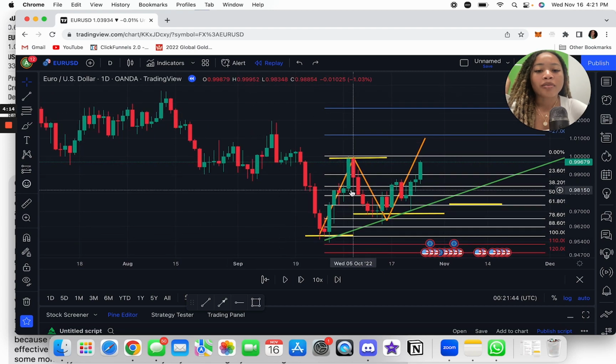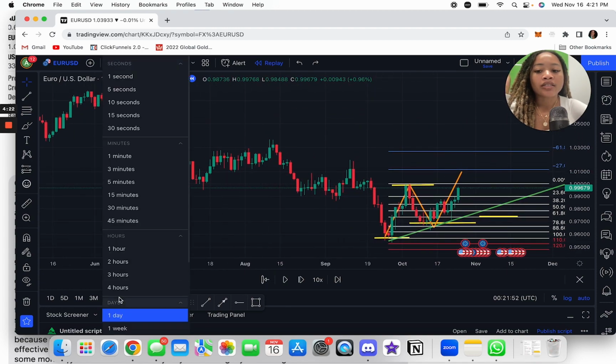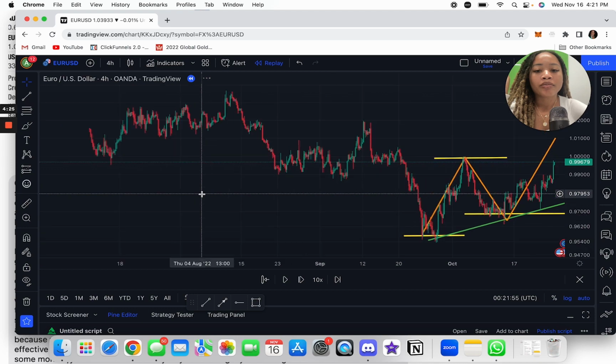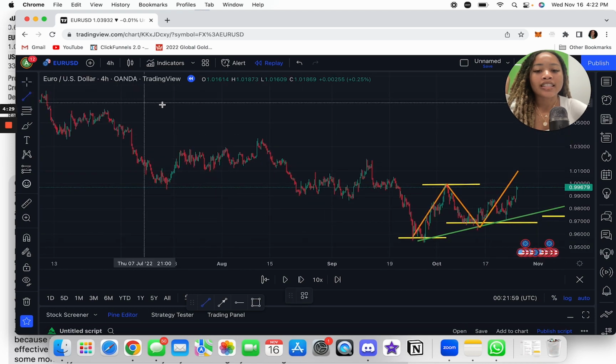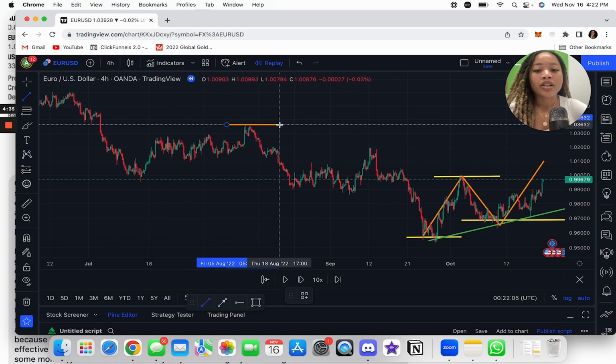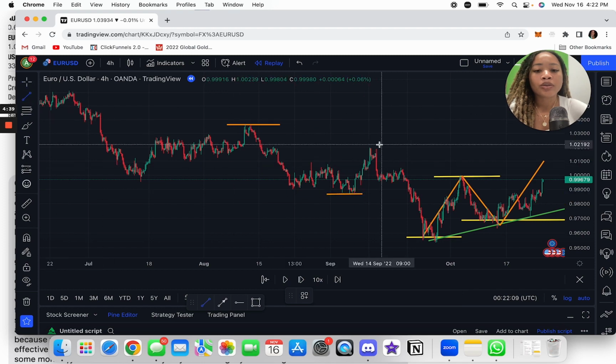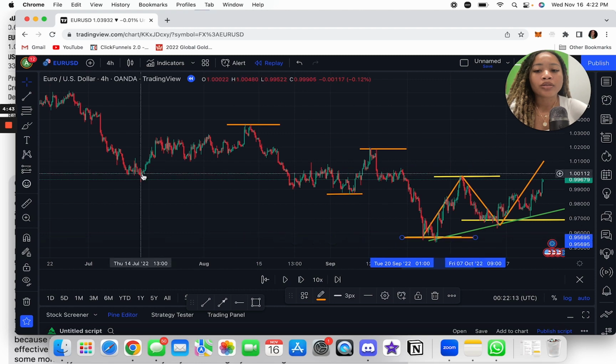Another confirmation that I know that we're transitioning into an uptrend is by seeing what structure previously did. So if I come right here to the right, let's go on the 4-hour. And let's identify our highs and our lows. Our highs and our lows are those areas that stick out the most, especially on the higher time frame. So you have your high, your low, your high, your low.